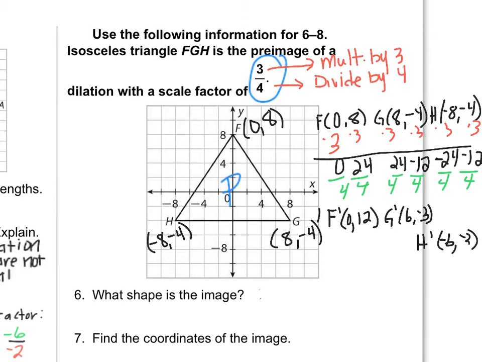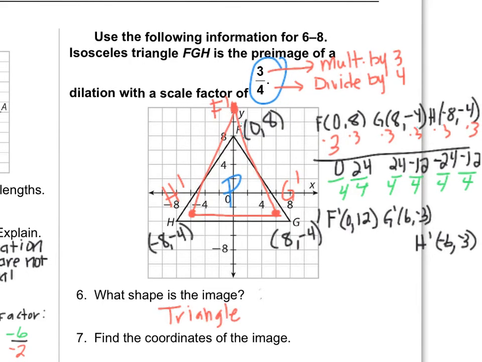And we're ready to graph so that we can see what shape it is. You can see that I'm graphing it in red. F prime, G prime, and H prime. And you could see that the shape is still a triangle. So that's the answer to question number 6.